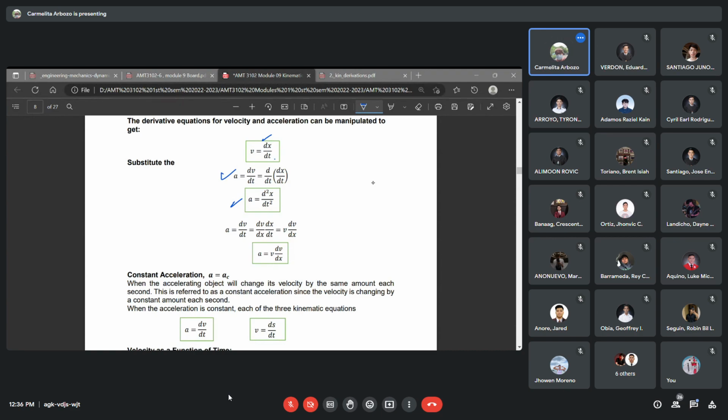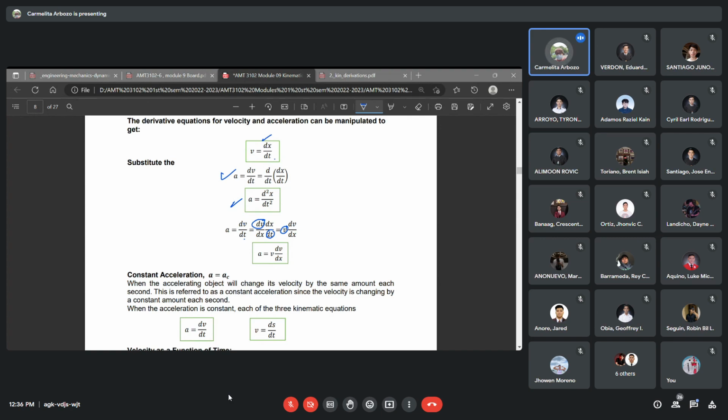Pero alam natin that the derivative of velocity over the derivative of time is equal to dx over dt. So, magko-cancel out ito. Sabi natin, yung dx over dt is equal to yung velocity.